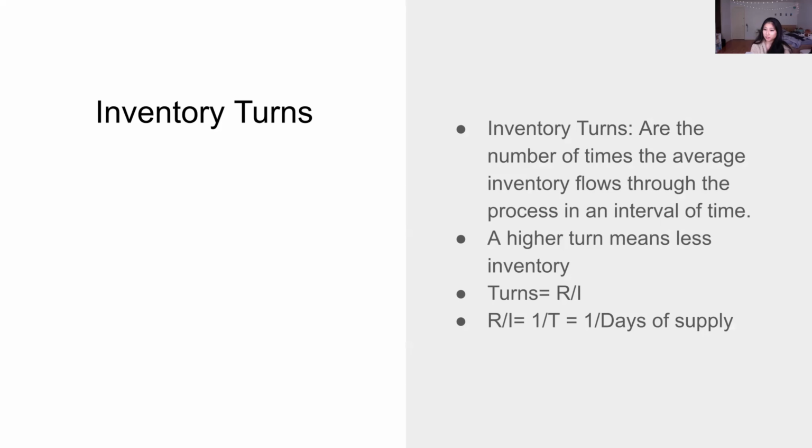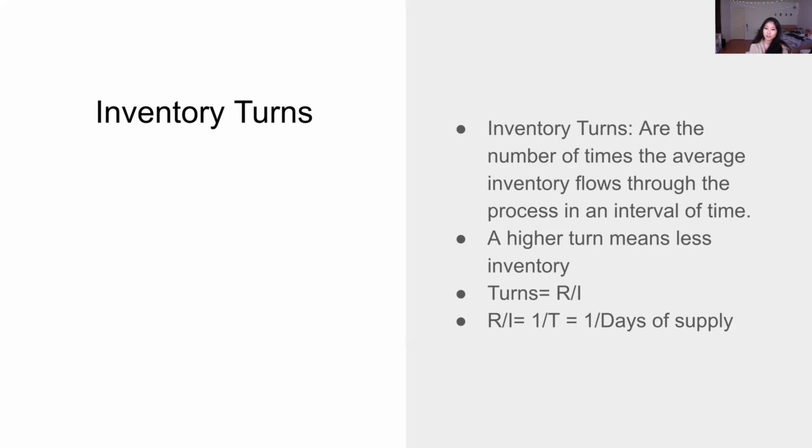So make sure you get this down in your notes: a higher turn means less inventory. This is important, so once you do all your calculations, you can know how to apply it to what you're talking about, which would be inventory. You're trying to answer the question, is it small or large? And so it's important that you know a higher turn means less inventory.